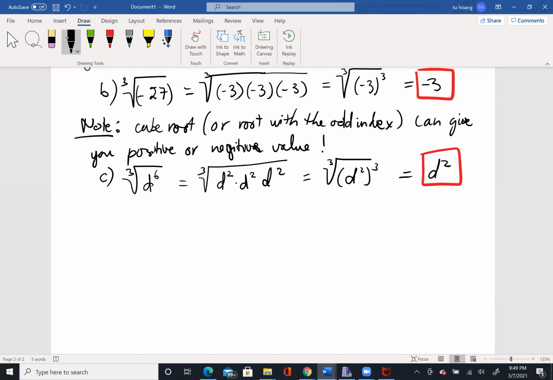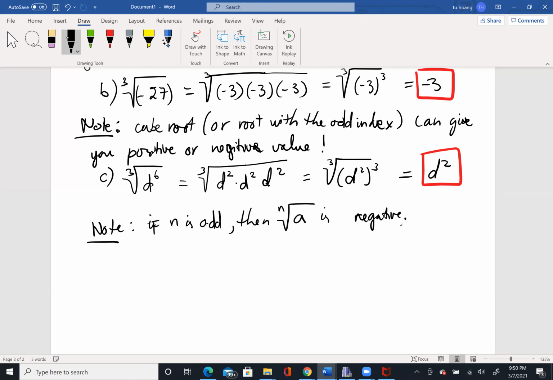So, another note that I want you to write is, say, if n is odd, if the index is odd, then the root n of a is negative, or just is negative, right?